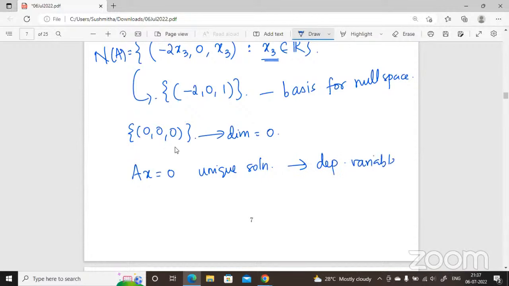Unique solution, all will be dependent. So rank is taking up all the variables. It means this is equal to rank, right? Dependent variables is rank. So because of this, nullity will be 0. Nullity is the dimension of the null space. So nullity is 0 in the sense only the 0 vector, correct? Null space becomes the 0 vector.